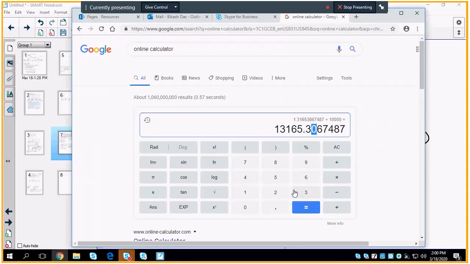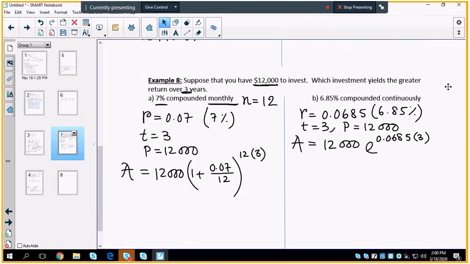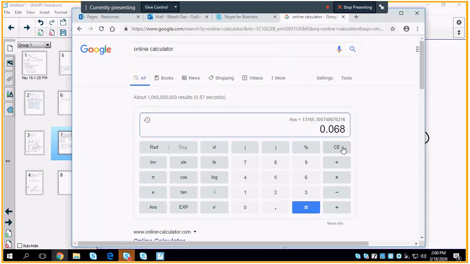So for the first one, I'm going to first divide 0.07, because that is the rate of interest. Oh, this time I'm doing the compounding monthly, so let's change those numbers in the calculator. So 0.07 divided by the number of compounding periods, add 1, and then you raise it to the power 36.